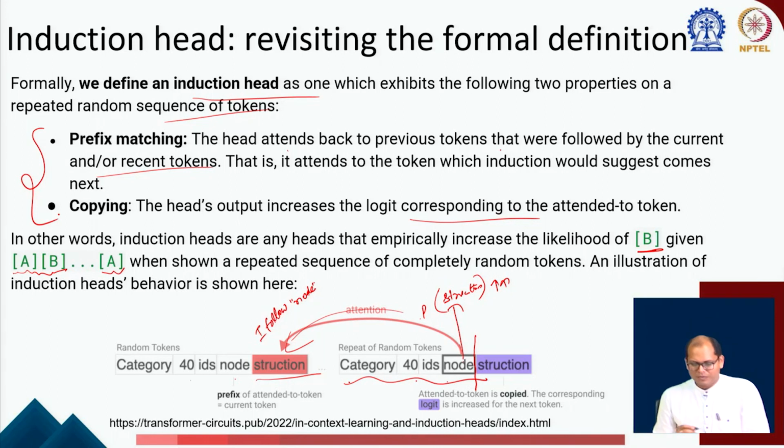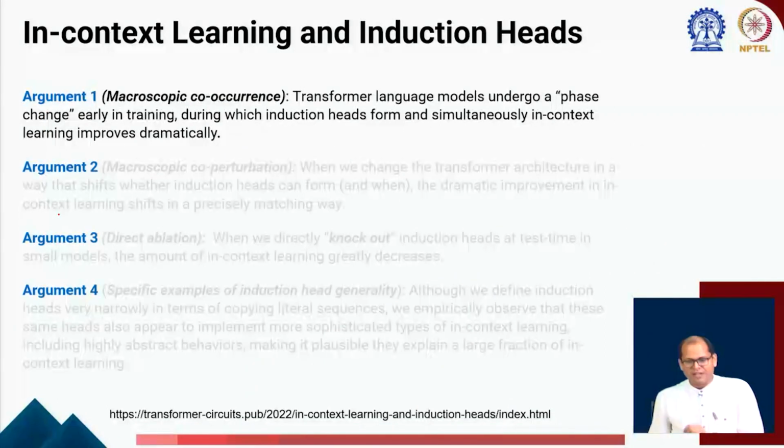Okay. So this was the second paper from the same group, where they talked about in-context learning and induction heads. They made various interesting arguments and presented experiments and analysis on why they think these induction heads are there. This was a hypothesis, but are there some empirical evidences of it?